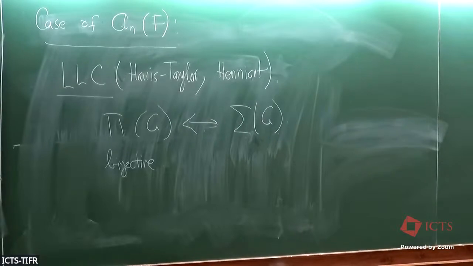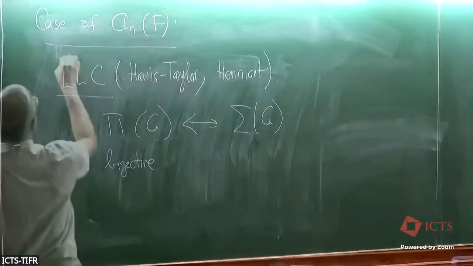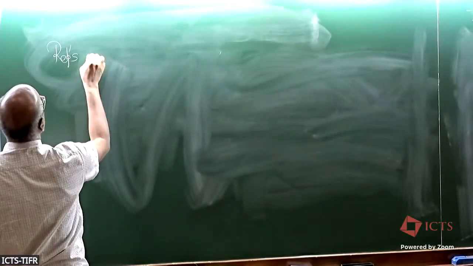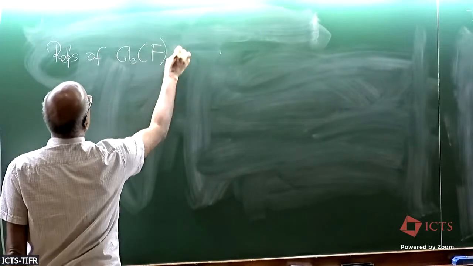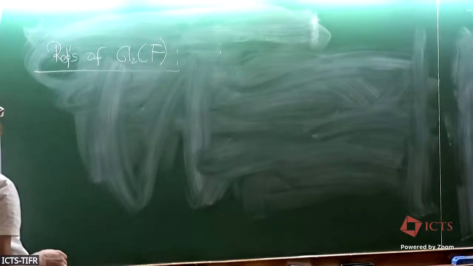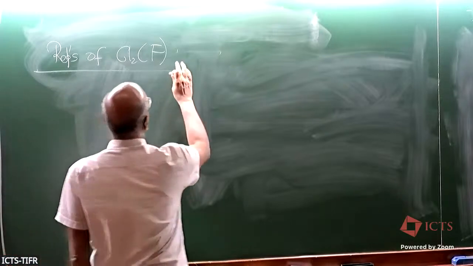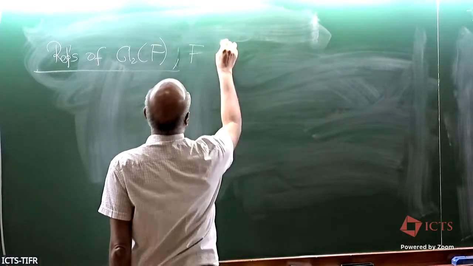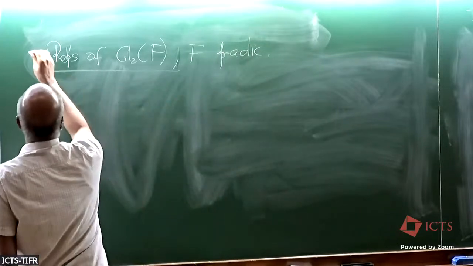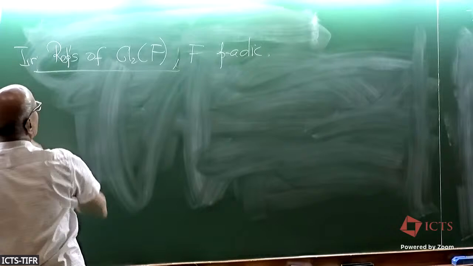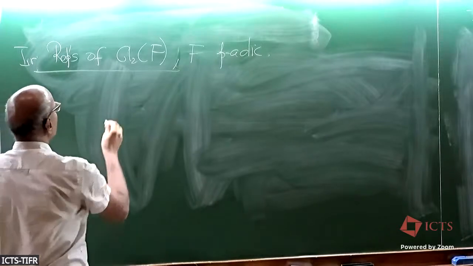Okay, so maybe I say a few words about representations of GL_2(F). I mean, F is p-adic, let's say, then I will come to the reals. So I am talking about irreducible representations of GL_2(F).